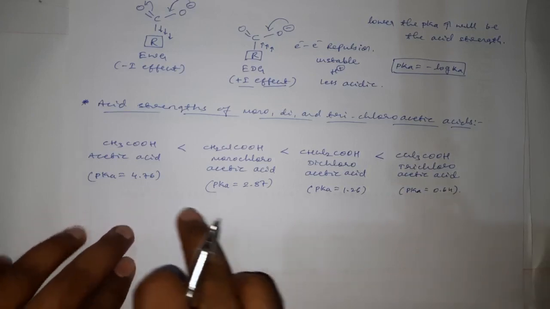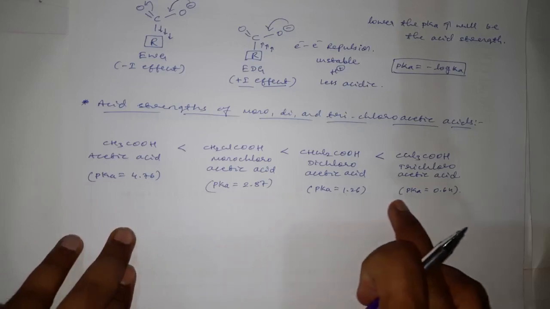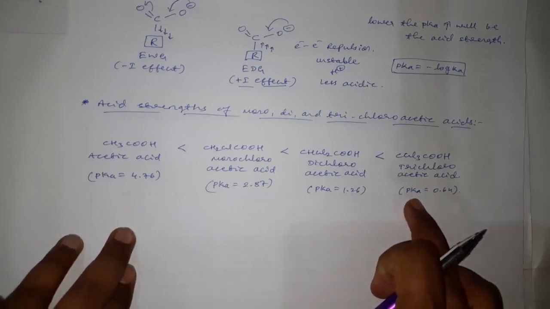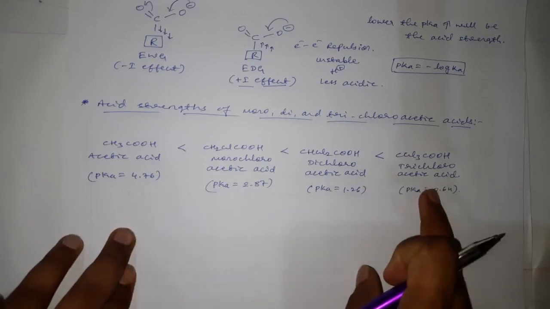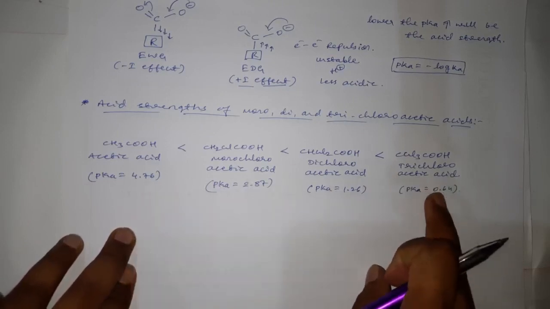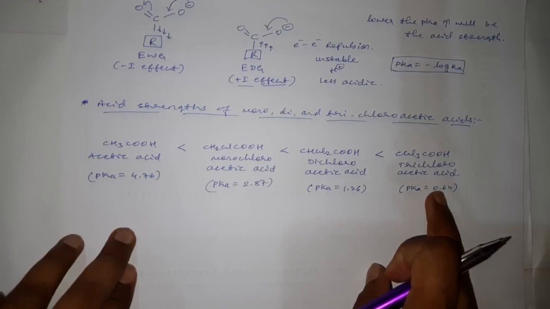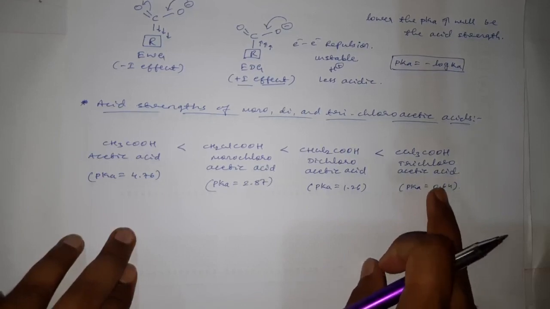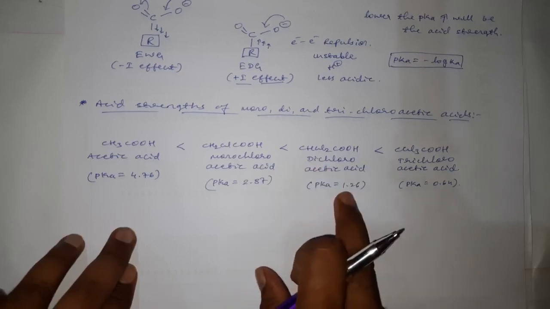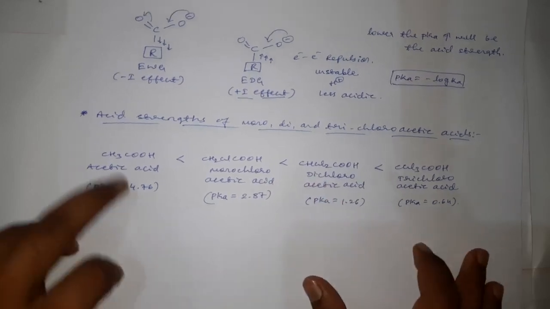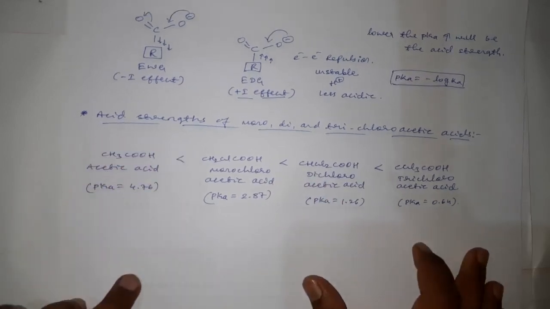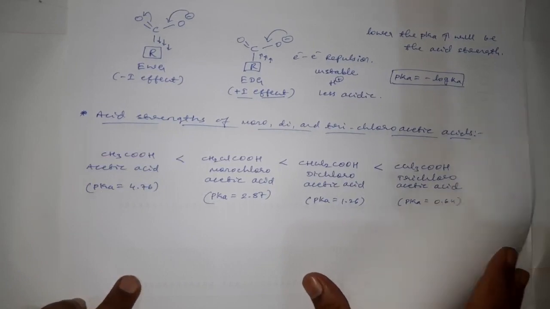Okay, here the pKa value is decreasing in order from acetic acid to trichloroacetic acid, and the lower the pKa value, the more acidic it is compared to the one having higher pKa. Okay, this is all about the acid strengths of mono, di and trichloroacetic acids.